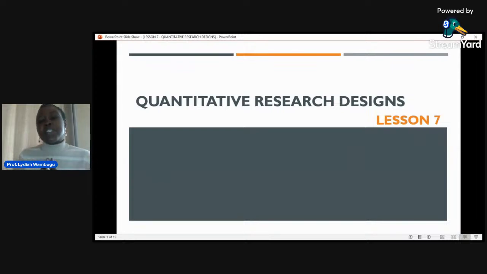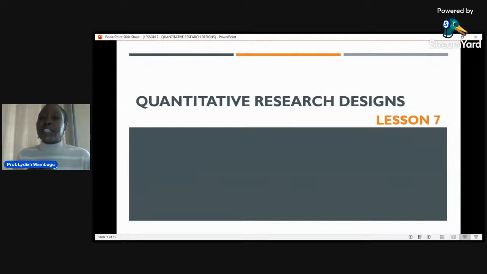So paradigms are differentiated in terms of their epistemology, axiology, ontology, and methodology. And of course, there are various paradigms. Remember, we said there is none that is more superior than the other.